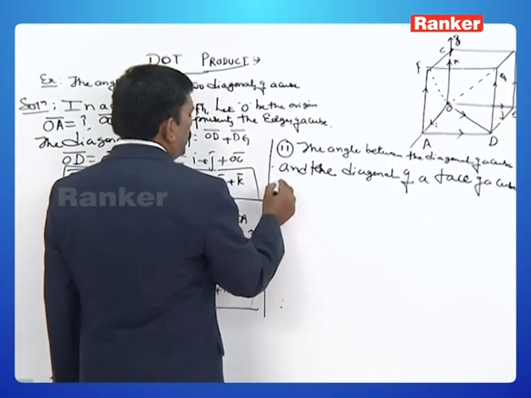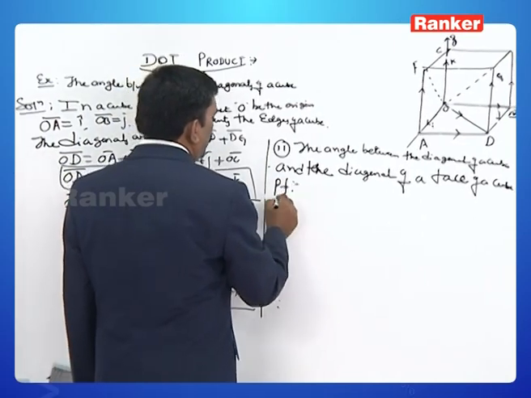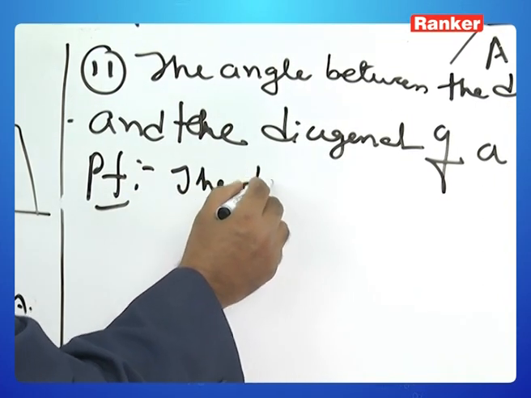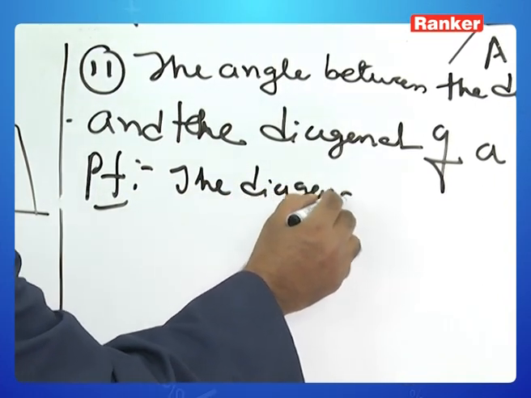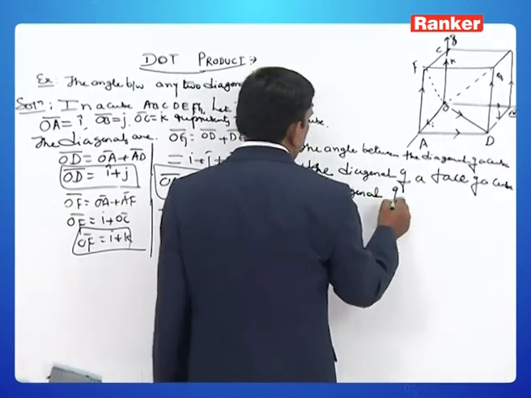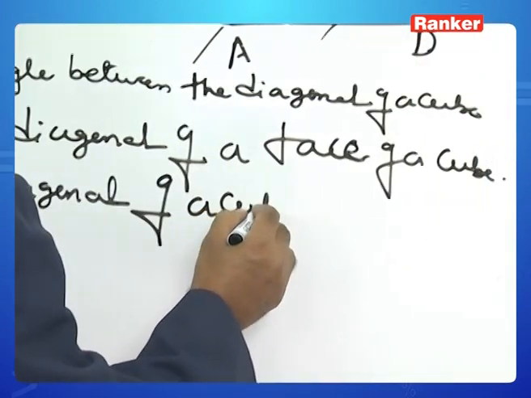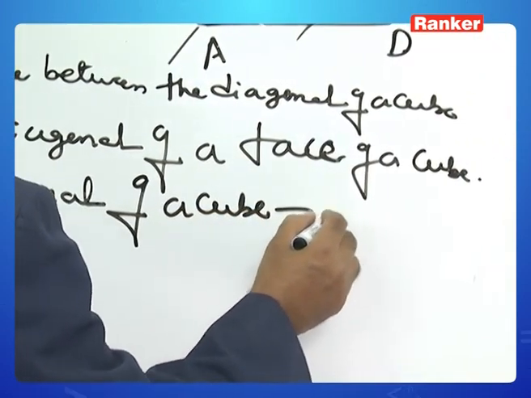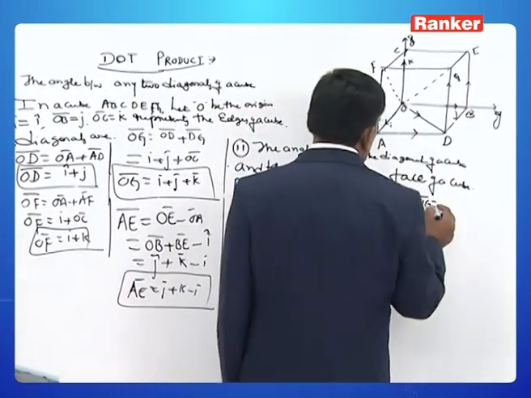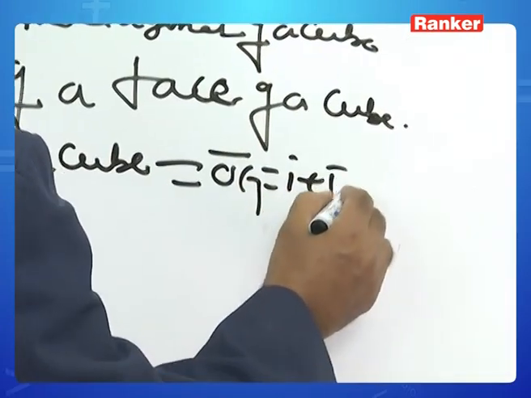So therefore, the proof of this one is very simple. That is, the diagonal of a cube is equal to OZ bar. What is OZ bar? It is I plus j plus k.